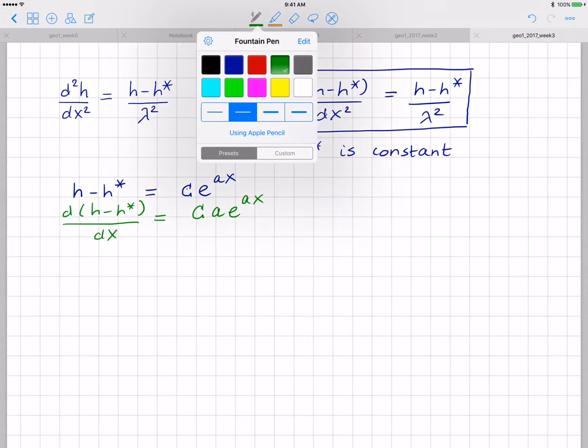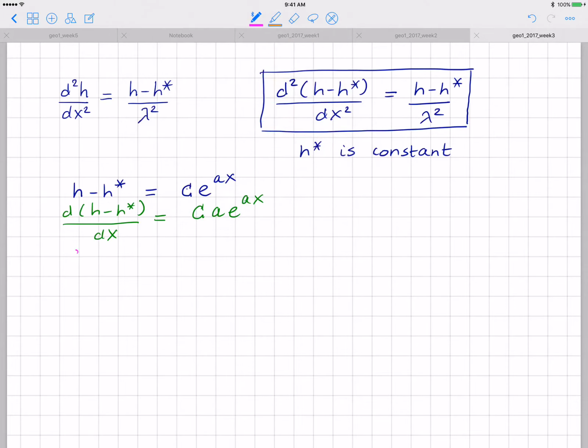And we can do that again. We can take the second derivative of h minus h star with respect to x squared. So we differentiate one more time. We get another small a in front. It is c times a squared e to the power ax. And we can substitute that into the differential equation.